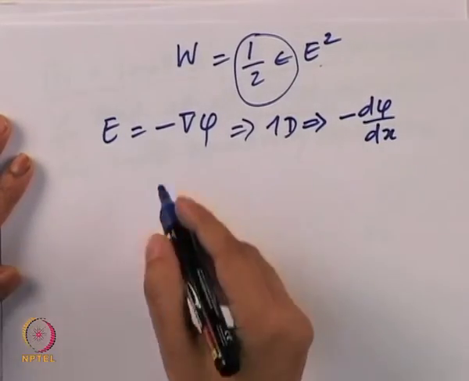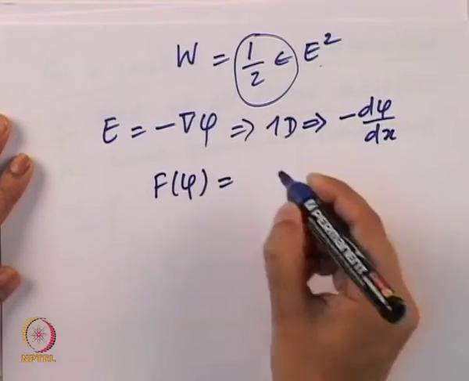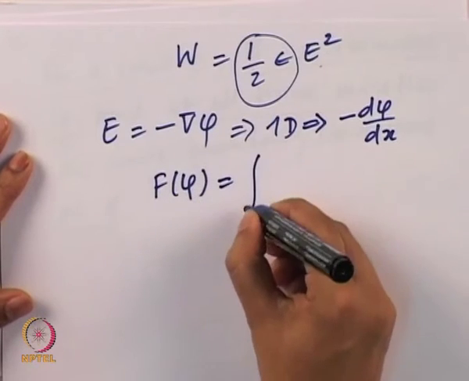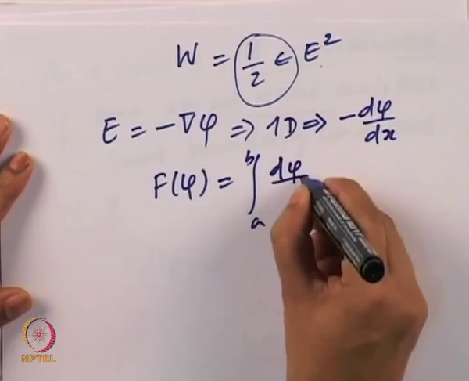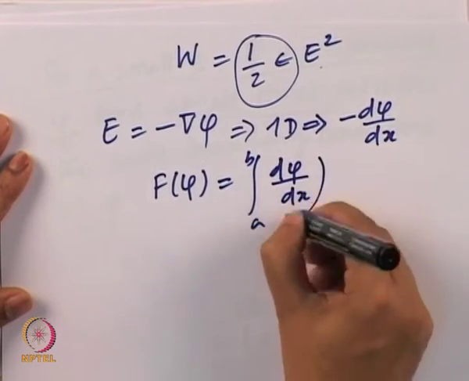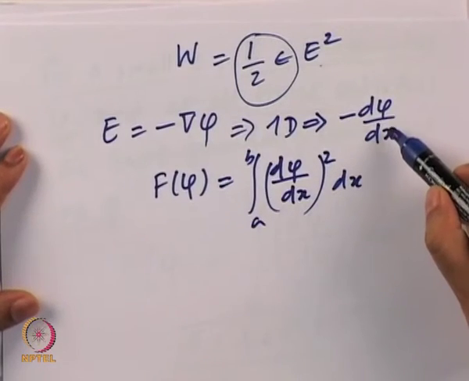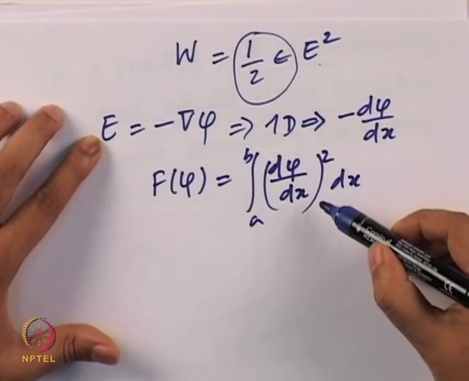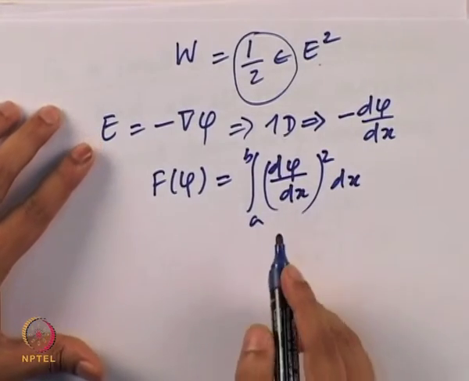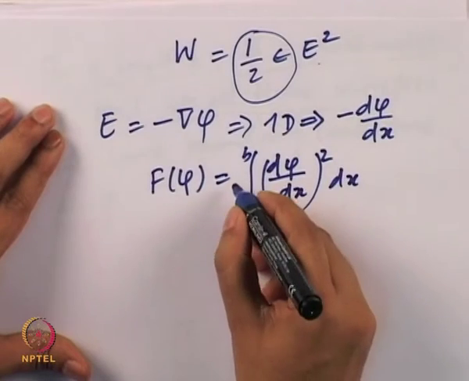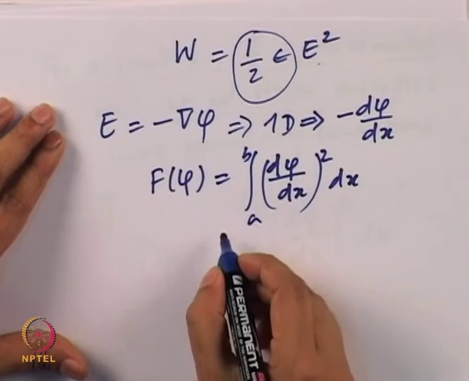What we have got in our expression is f of phi is equal to integral A to B of d phi by dx the whole square dx, and you can readily see if I square this term, this is nothing but the E square term. The only thing that is missing is the term half epsilon, but other than that this is very similar to the energy stored.